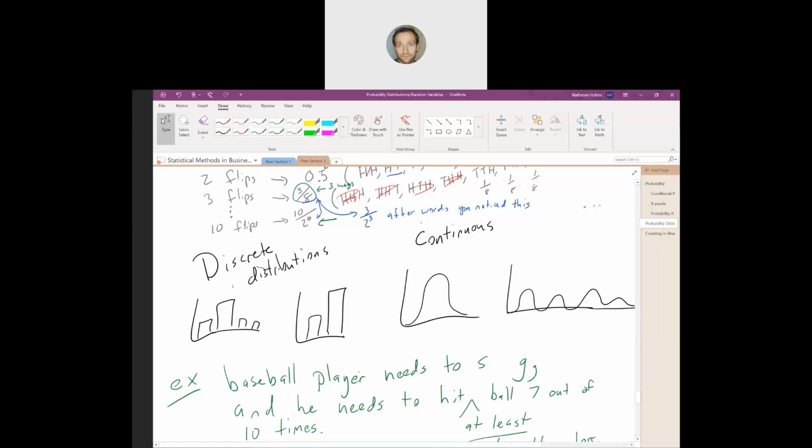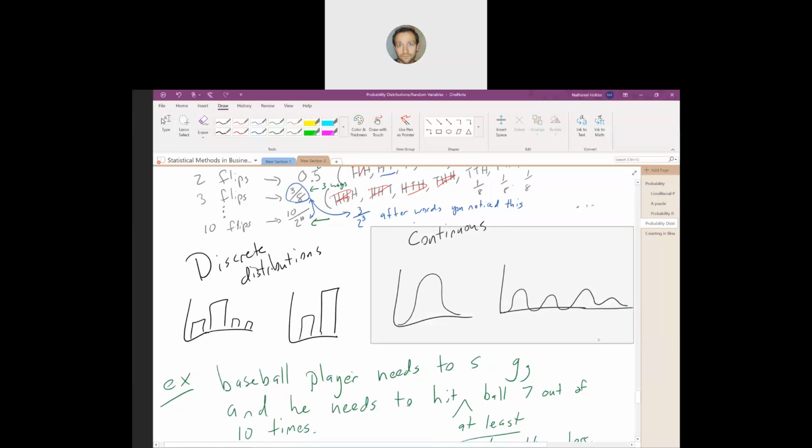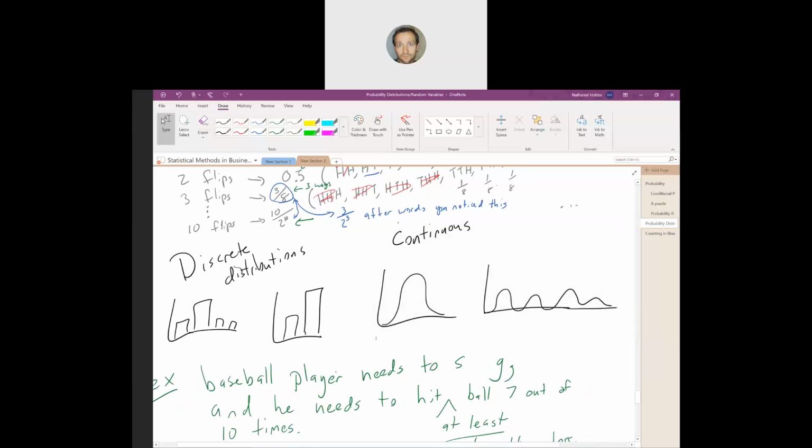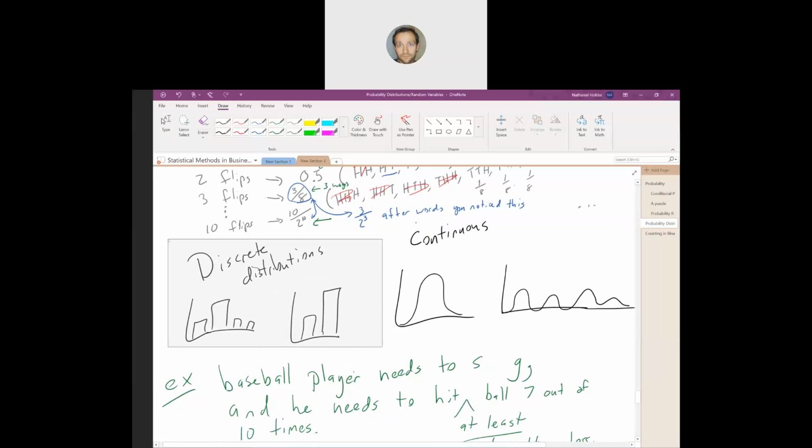So here, discrete distributions are like a bar chart. Continuous distributions are like smooth lumps. And you need a little bit of calculus for this part. But if you understand these things very well, the bar graphs, then really the transition to continuous, it's not that big of a jump.